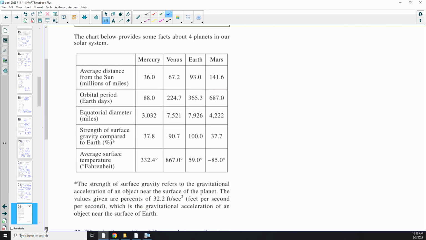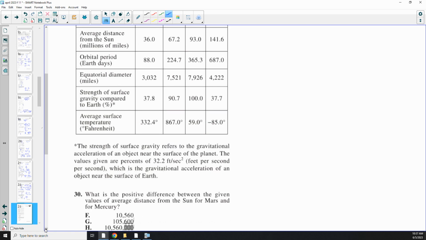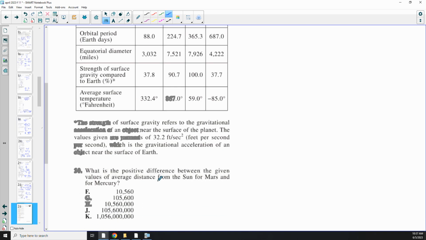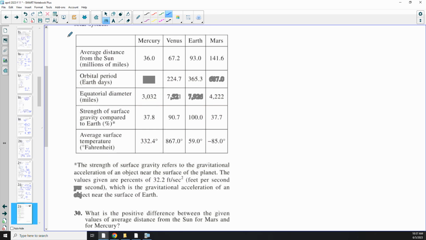Oh, I get in trouble with these. What is the positive difference between the average distance for Mars and Mercury? So Mars's distance from the sun is 141, and Mercury is 36.